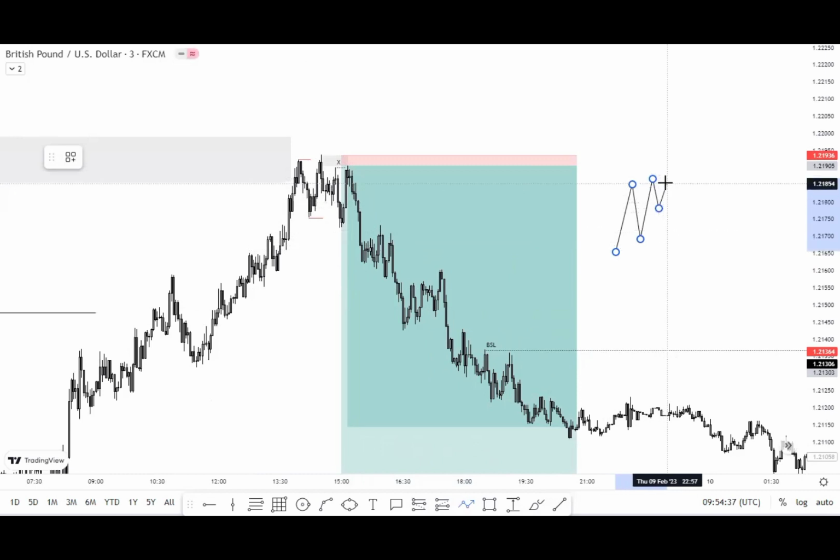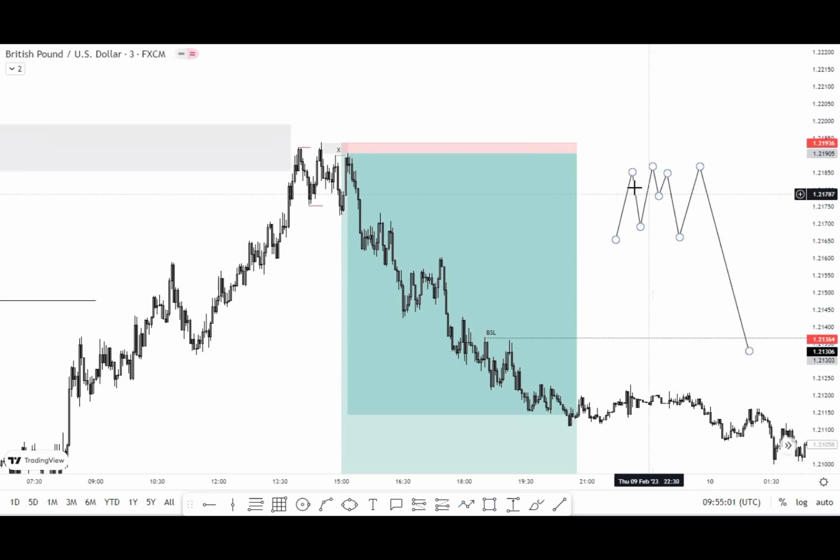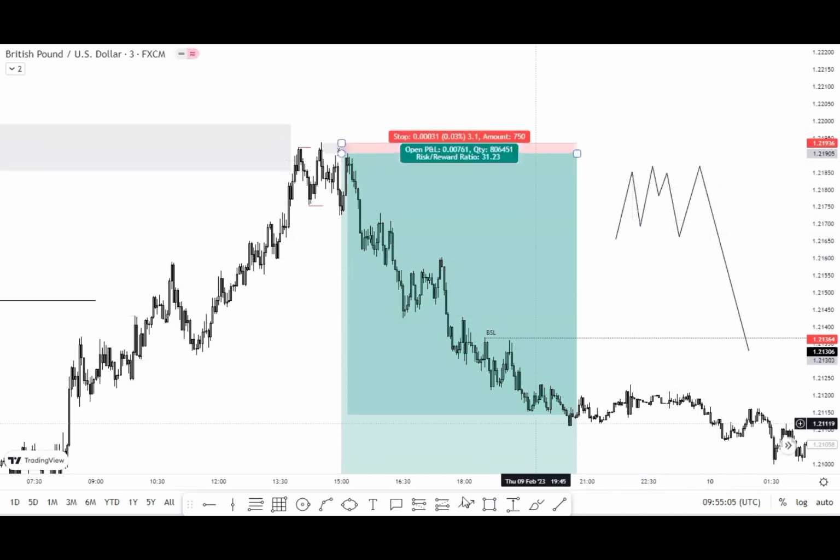And before it got broken, it created an inducement. So you don't sell from here because this is a trap. So when price swept this inducement, you can see that the sell pressure really came in. You can see price didn't even look back again because its intention here had been fulfilled.